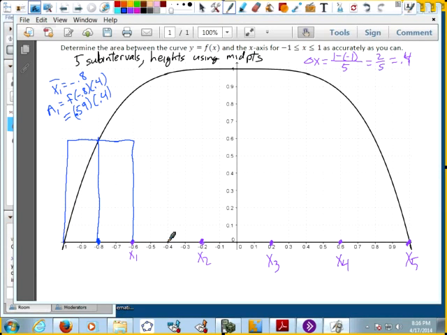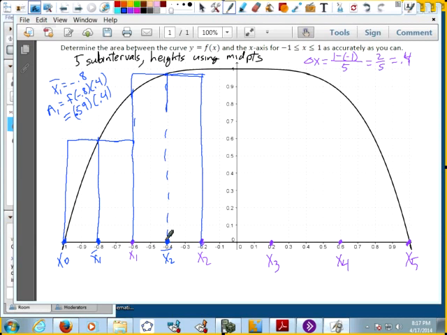And then the next one, my midpoint is going to be here. So this was x1 bar. This is x2 bar. I should have marked this as x0. And so x1 bar comes up to here. That's my height. Bring that over, and bring that over, and bring that down.